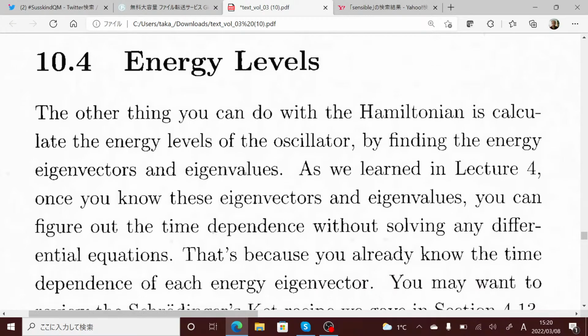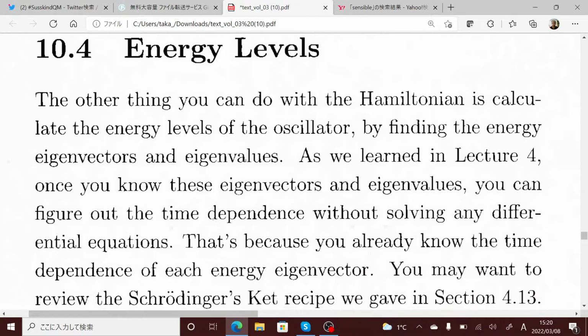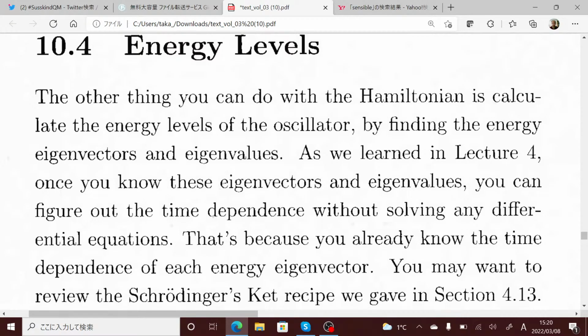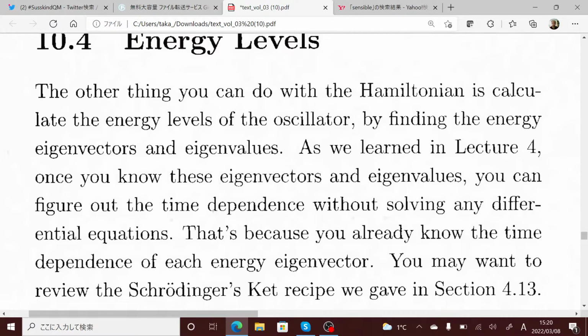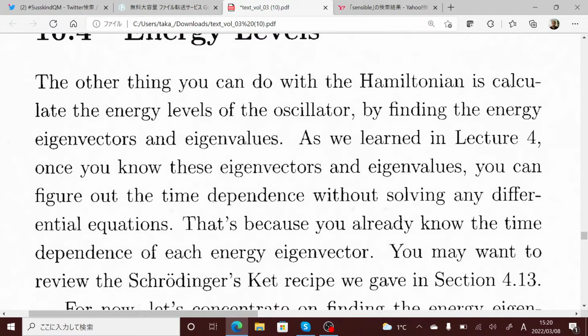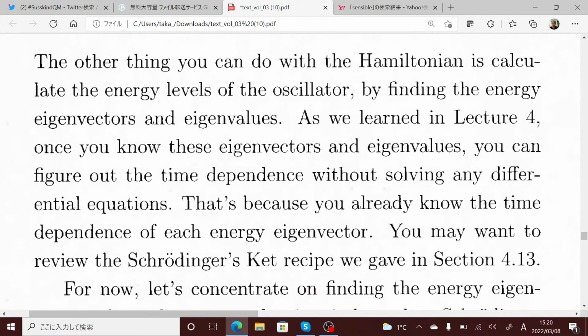Chapter section 10.4, Energy Levels. The other thing you can do with the Hamiltonian is calculate the energy levels of the oscillator by finding the energy eigenvectors and eigenvalues.